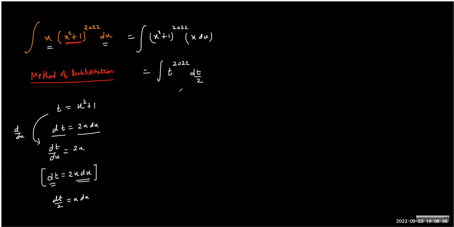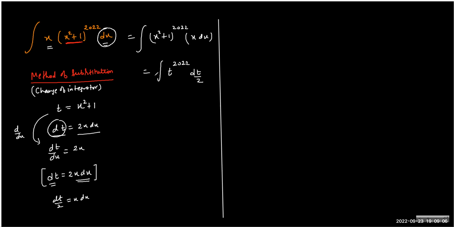If you're not comfortable even with this idea, the simple rule is, this is called change of integrator. So what we do is we change the integrator. We are trying to convert the previous integrator with the new integrator dt, and to do so, we can clearly see that dt is actually 2x dx.